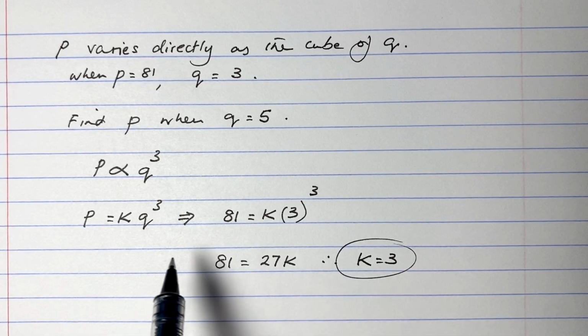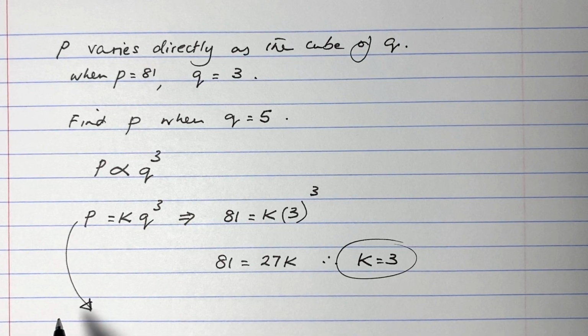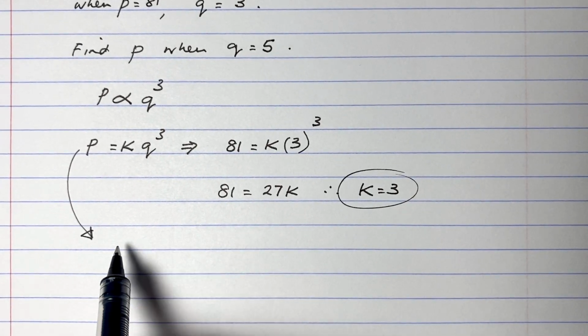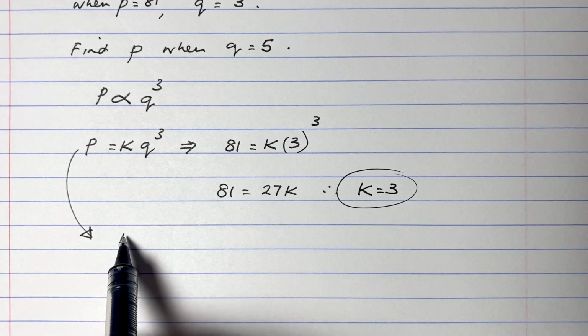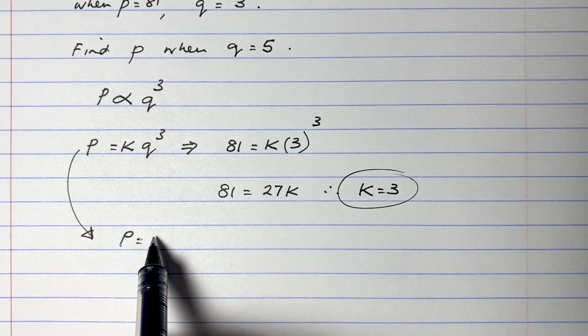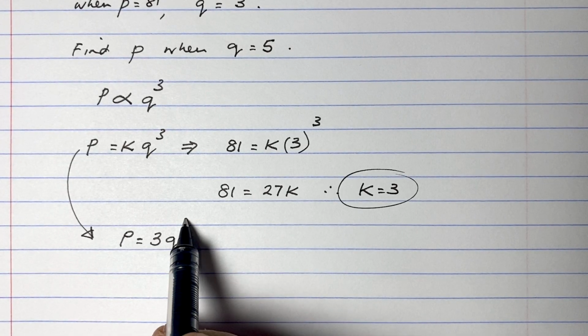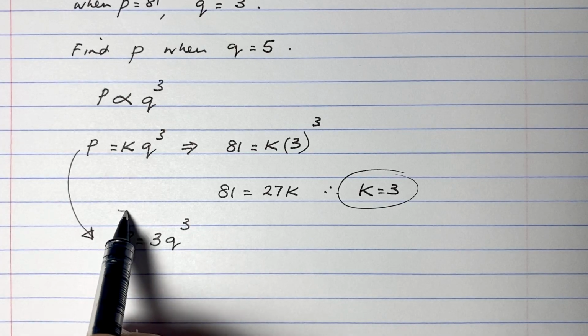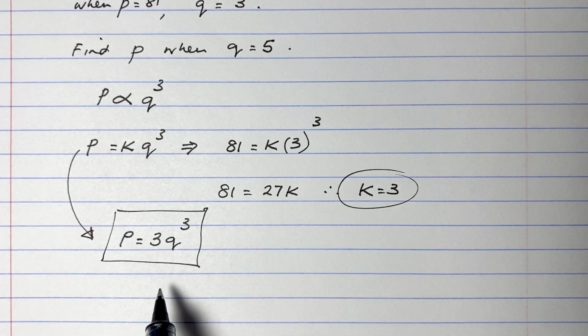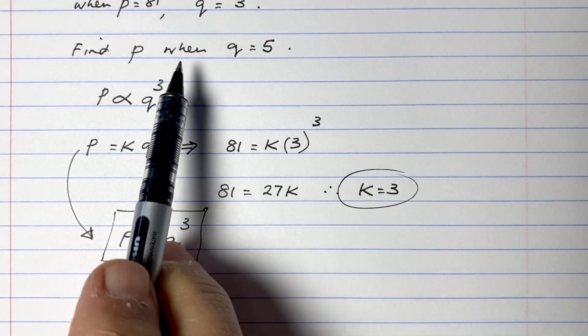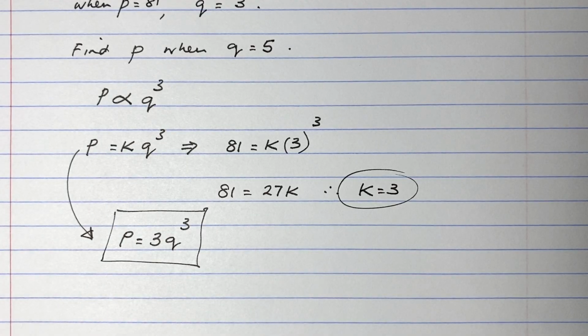Replace that into the formula, so we have no unknown constant, which is now 3. P equals 3 Q cubed. That's my formula. I use the formula to answer the question: find the value of P when Q is 5.